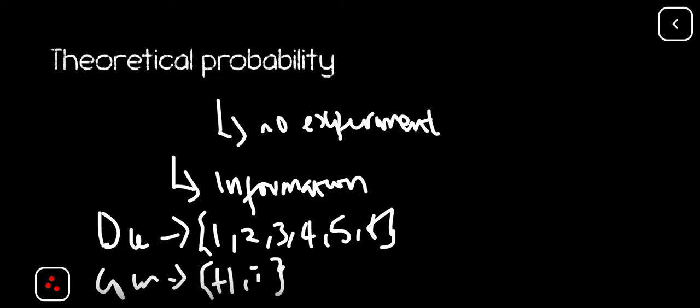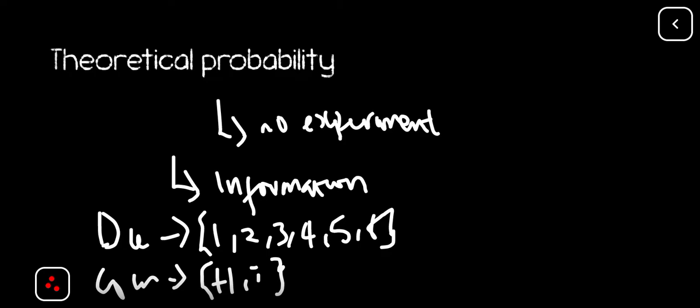Sometimes they can be extensive. They can ask you about probability involving tossing two coins or even three coins, or maybe tossing a die and a coin. Things like that. So you should understand this basic sample space and understand the information given. Then I think you'll be able to solve any question involving theoretical probability.